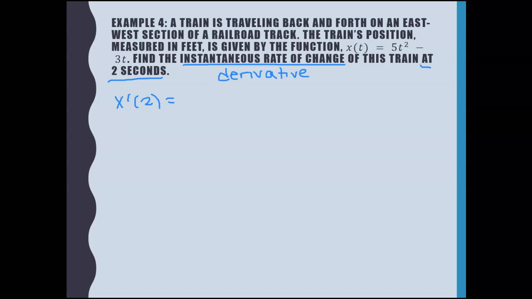Okay? So that would be the limit as x approaches 2 of f of x, or x of t in this case, minus f of 2, which is the same as x of 2.